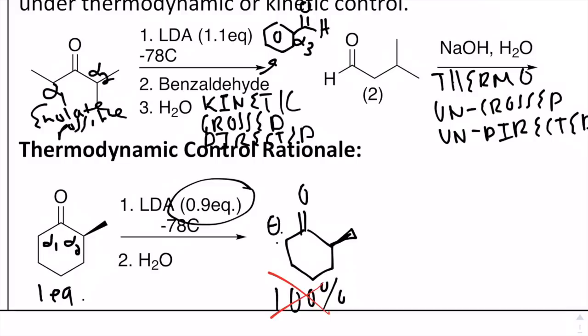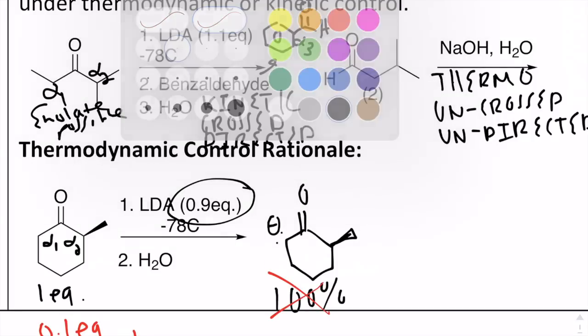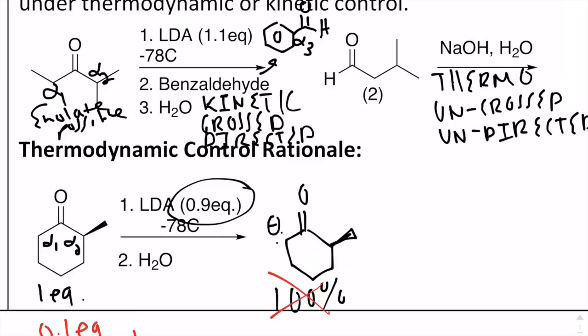So there's 0.1 equivalent of reagent left over. So really the products of this reaction would be 90% enolate plus 10% just regular ketone starting material.